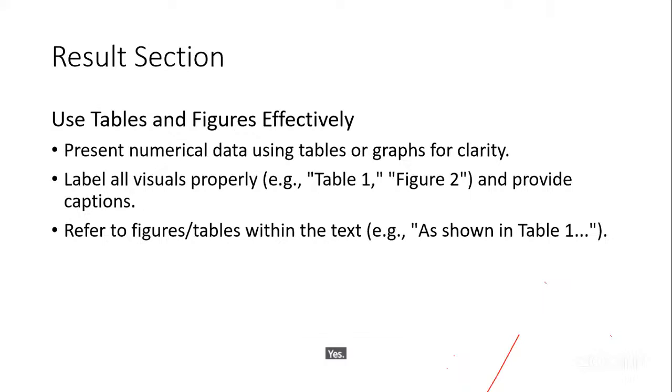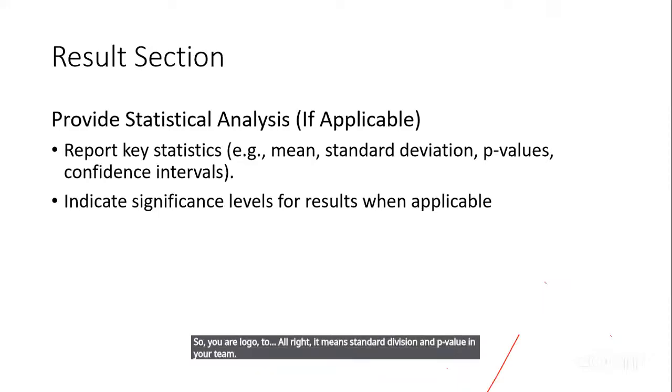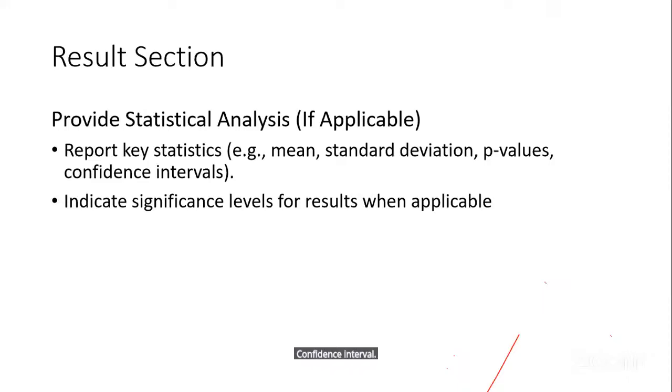But the title of your table will be on top of the table. All right. So you are going to write the means, standard deviation, and p-value, or confidence interval, in your table. Your table will contain means, standard deviation, p-value, or confidence interval.